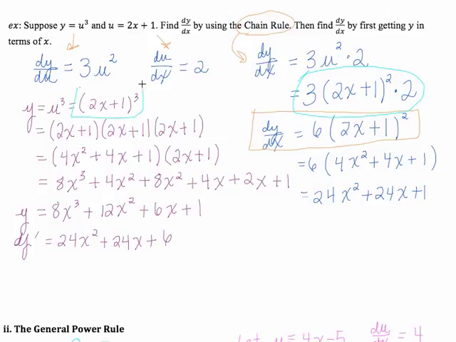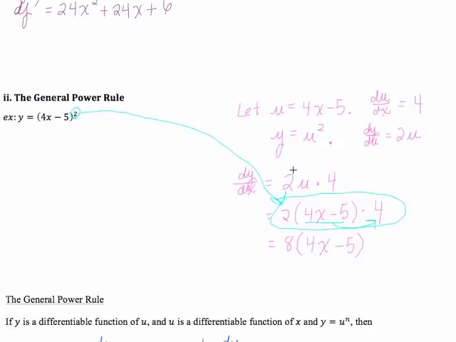Here's y as a function of x, and here's its derivative. So that 3 came down out front, then you have 2x plus 1 to the squared power. We reduce the power by 1, and then times the derivative of that inside polynomial, 2x plus 1. That's the general power rule.